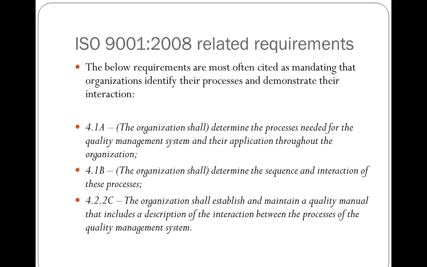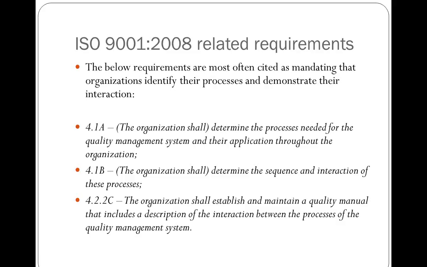Now, in terms of where this is rooted in the 9001 standard, in 9001-2008, the two primary clauses at play here are 4.1 and 4.2.2. In 4.1a, it states that an organization has to determine what its processes are and how they apply.